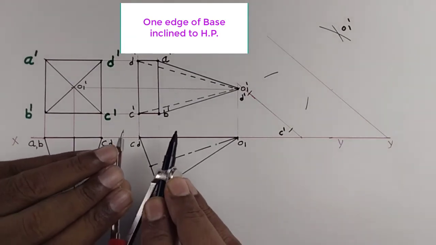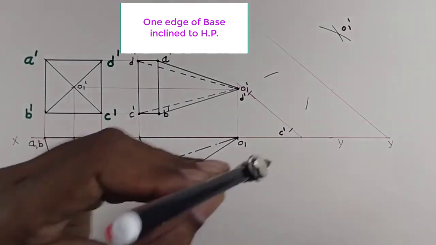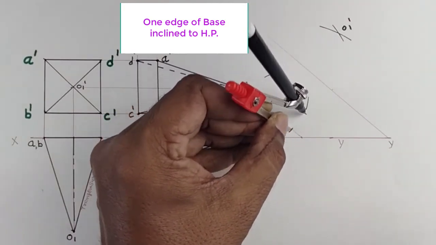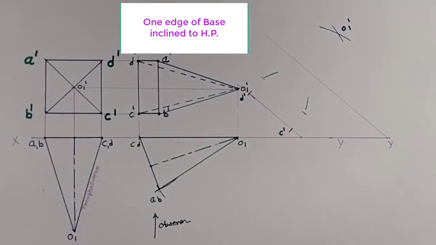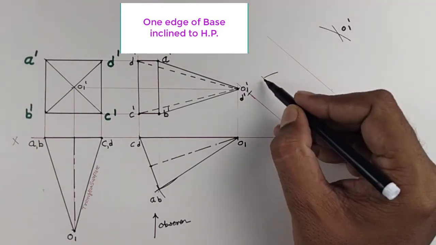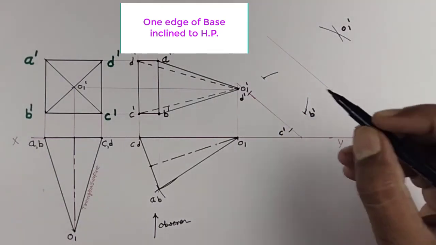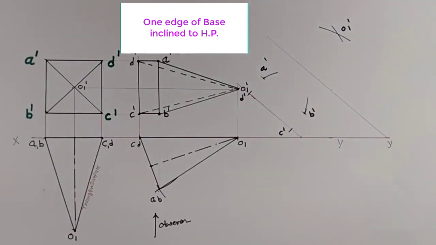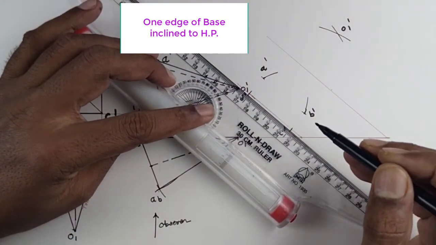Now I choose C dash to B dash. This is C dash to B dash, this from D dash to this point. So I just extend this one. It is my position of B dash. This is my position of A dash.